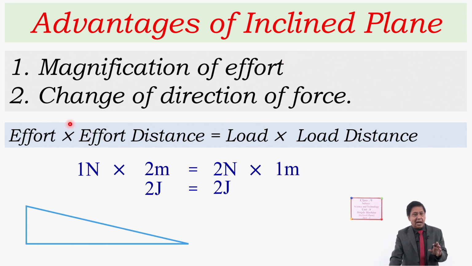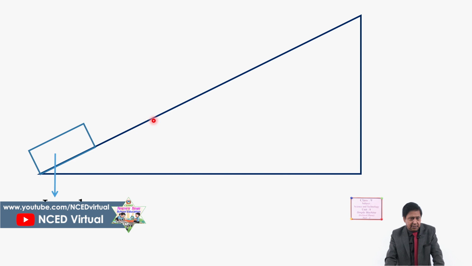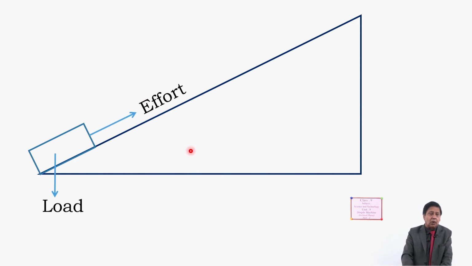Now the second matter I want to introduce, change of direction of force. What is its meaning? We can understand with the help of a diagram. So I'm presenting this diagram. Here this is the inclined plane and this is the load, and if we want to raise it upward, then certainly we have to apply force in the upward direction, but in inclined plane we are applying force in this direction.